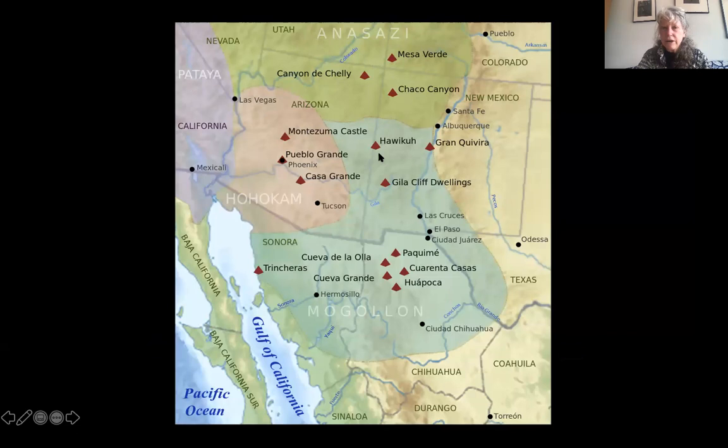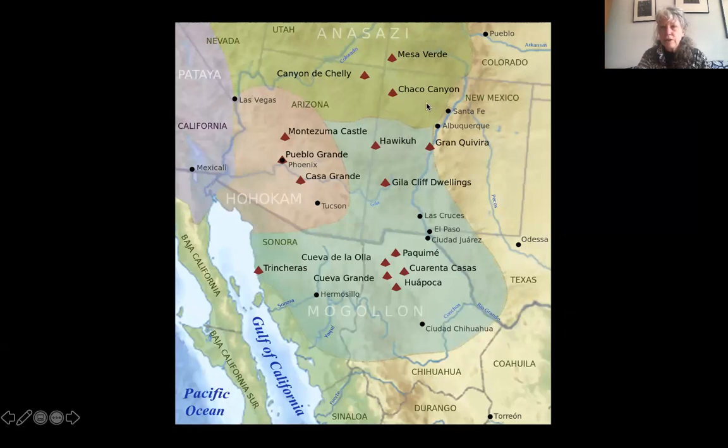And in this area, there are several sites having to do with another North American culture that was later than Teotihuacan, but contemporaneous with Mississippian culture. And that is the Chacoan culture.